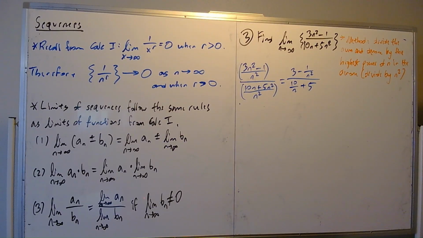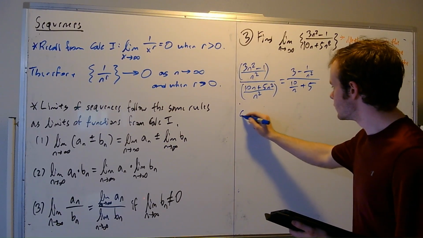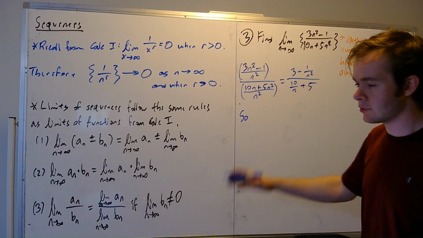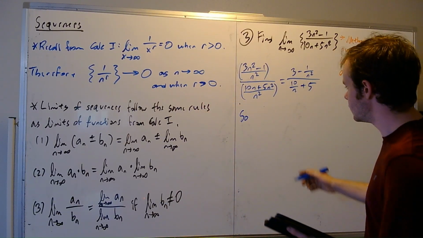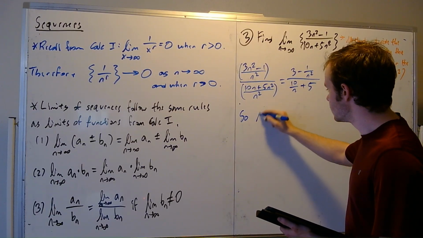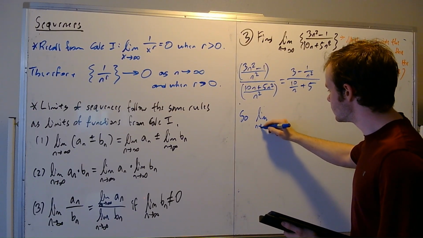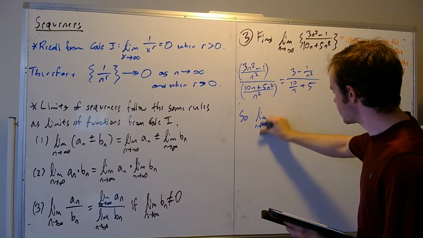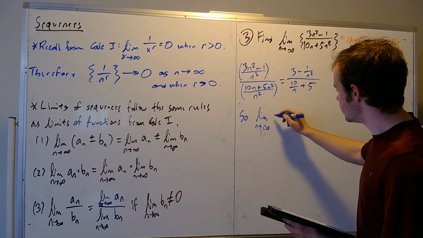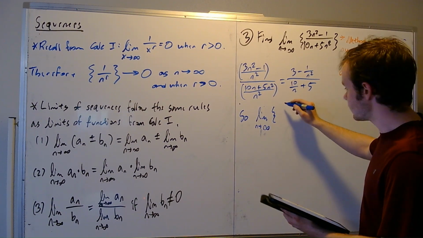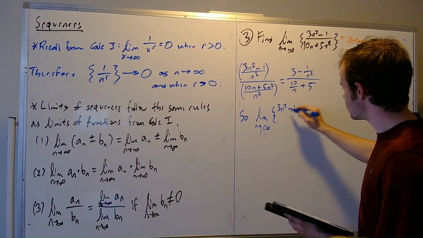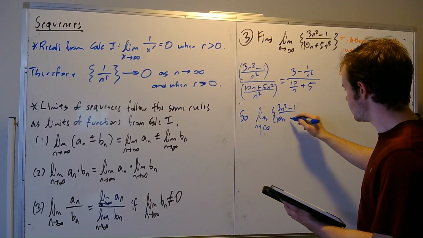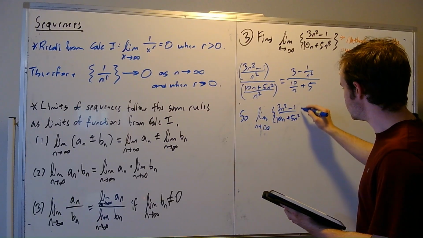What we did in the last part was replace all the n's with x's, but we don't need to do that if we don't want to. So we'll just write here the limit as n goes to infinity of the sequence 3n squared minus 1 over 10n plus 5n squared.